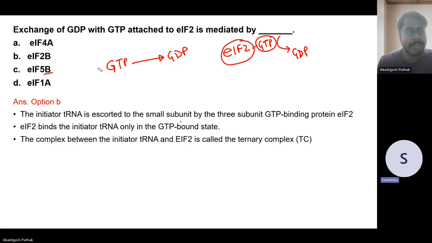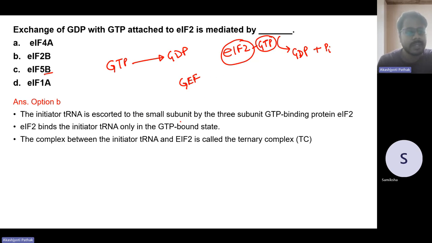This protein will bring the phosphate, so this GDP can be attached to another inorganic phosphate and GTP can be formed, right? That is what is happening. So this is a GTPase protein. It has guanine nucleotide exchange factor activity, so this guanine nucleotide exchange factor can convert the GDP again to GTP.